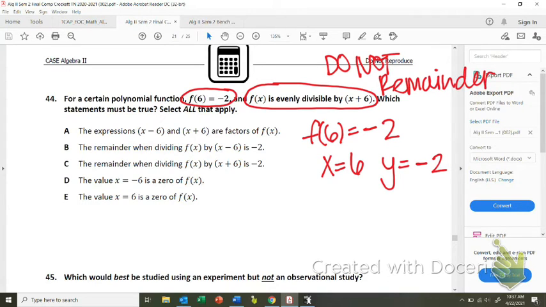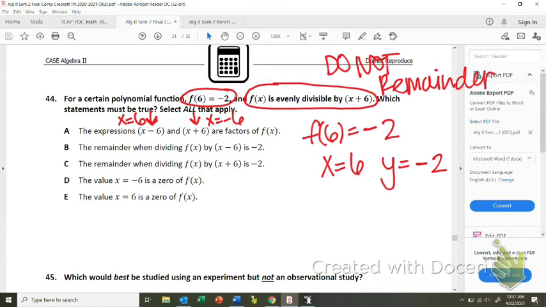Okay. So, look at your choices. So in order for me to have x plus 6, x would need to be 6. And when it says x plus 6, it would say x equals negative 6. All right.